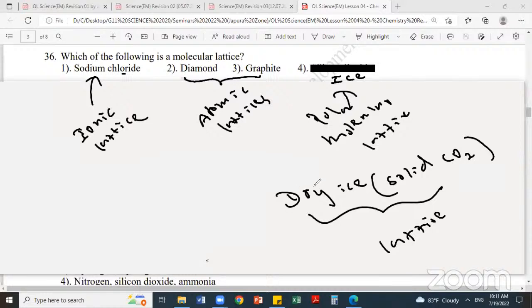You don't have molecular lattices in your syllabus, but if you know the first three, you can easily select the answer. So the question number 36 answer is fourth.